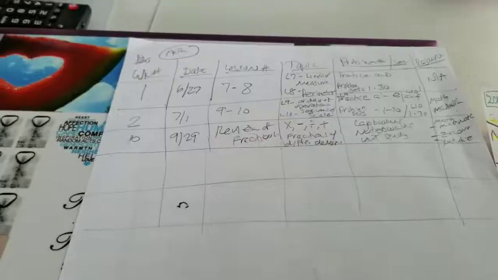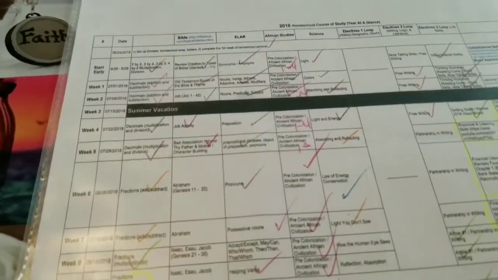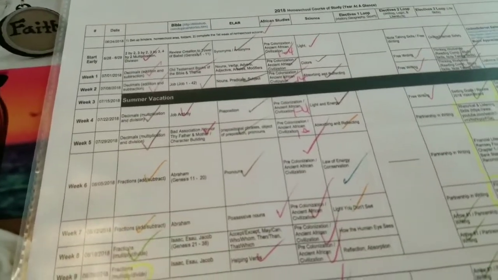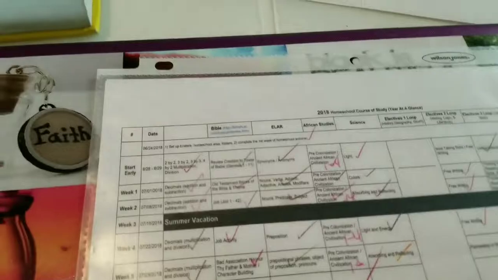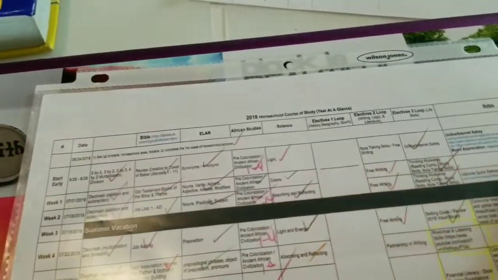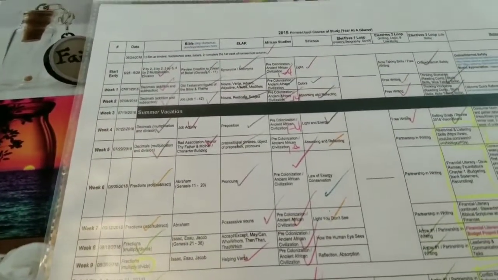Okay, great. And then I would say this is what my entire homeschool lesson looks like by the week. So I would pull in what I had for math. Although it doesn't say math here, I'm not sure how that got erased, but this is math. So whatever I planned for math, I would put it in the appropriate column. If I, in this case, did it for Bible, I would put that, language arts, and all the topics that I planned individually, I would go ahead and pull them into one document so I can look at it.